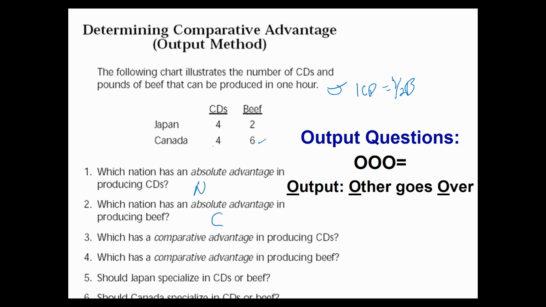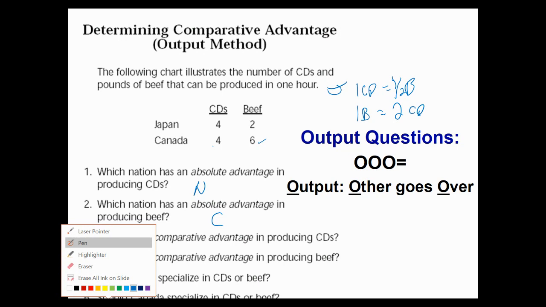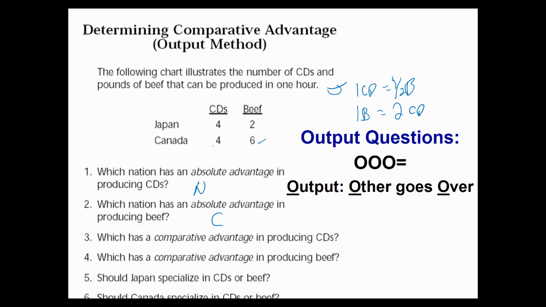Then for Japan, the reciprocal of that is to make 1 beef. If we were going to say what does 1 beef cost, we could say 4/2, but we know it's also the reciprocal, which is 2 CDs. So that's Japan.